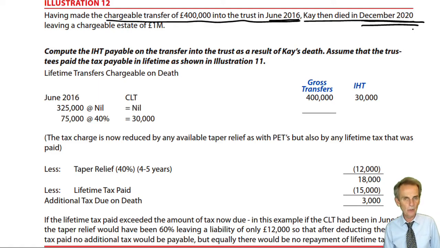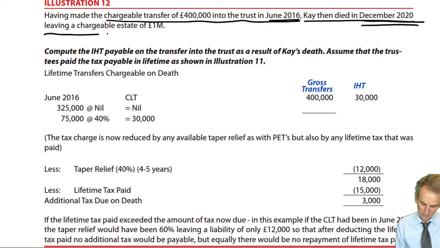December 20 is within 7 years of the date of that CLT. Therefore, what has already been chargeable when made, because it's within the 7 years before the date of death, will also be a part of the computation, a computation that we should know well by now, that will be headed up and dealt with on death, lifetime transfers chargeable on death.